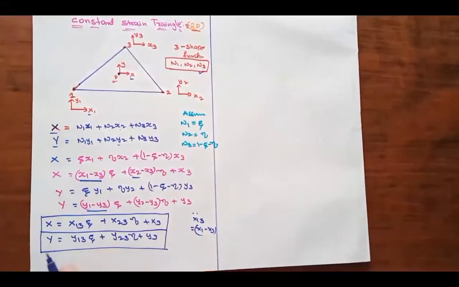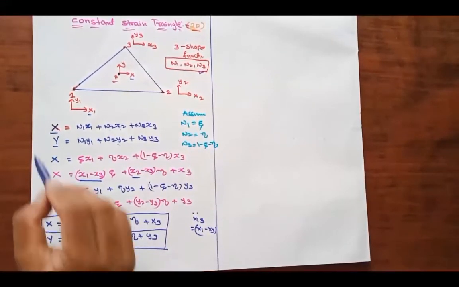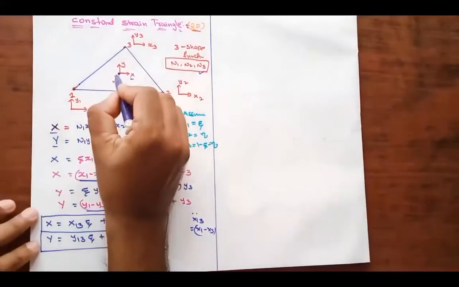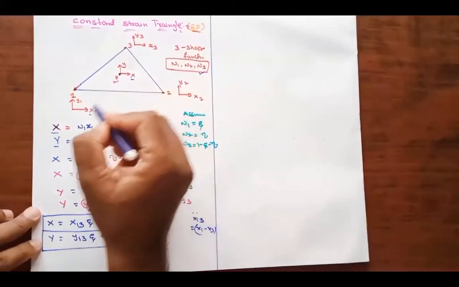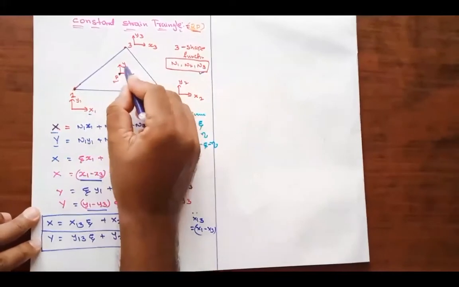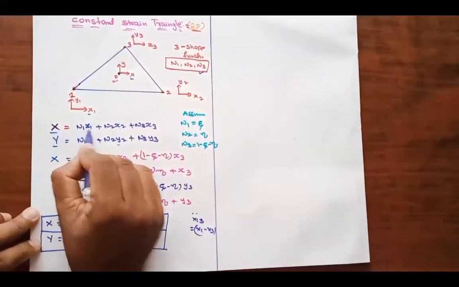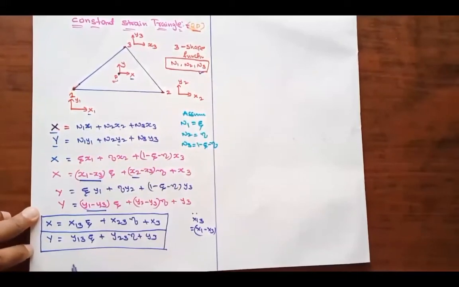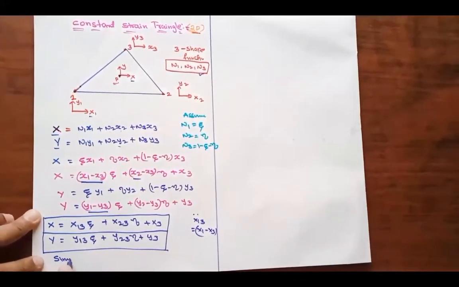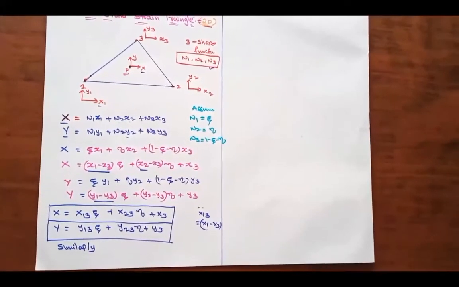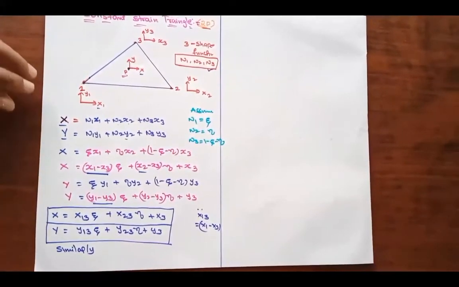Now similarly, at point P I have assumed that x comma y are the coordinate values. I have written that x is a function of the shape functions and the nodal coordinate parameters. Similarly, it is possible to write down the nodal displacement functions.